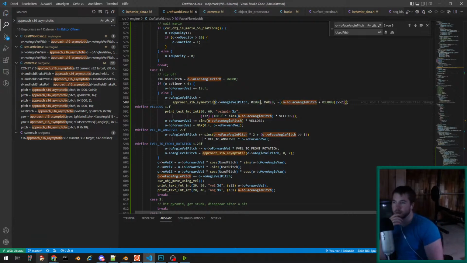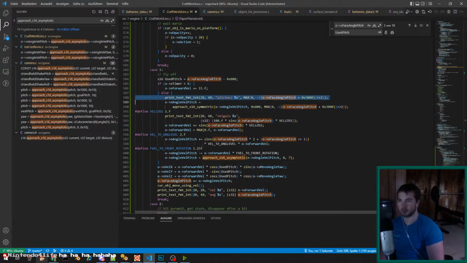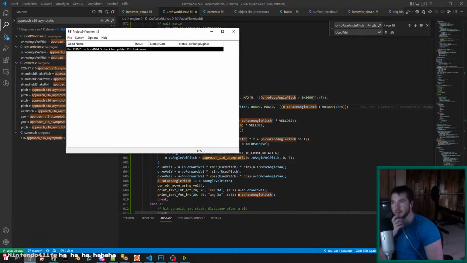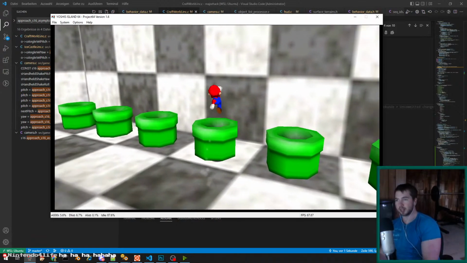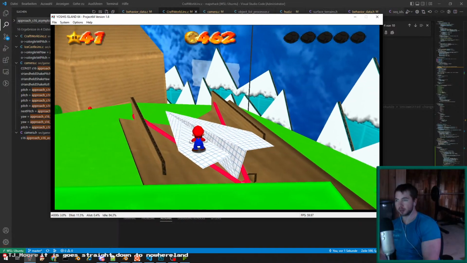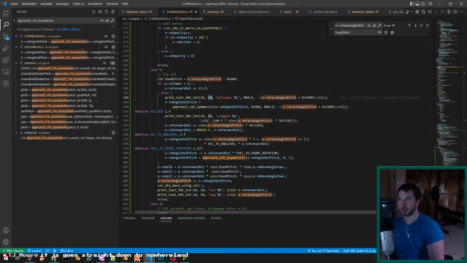Why did this not work? We should just print this. I didn't think that programming a paper plane was going to be this much of a problem. I didn't put this high enough to actually see it.